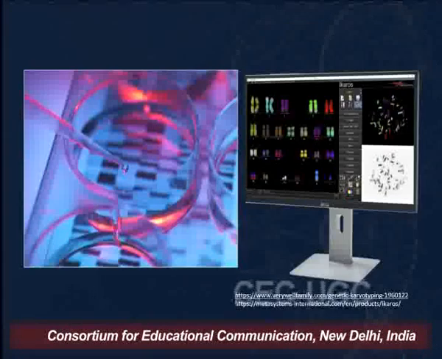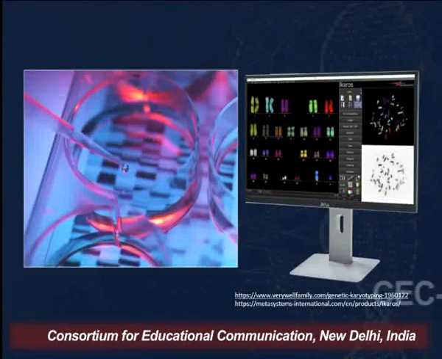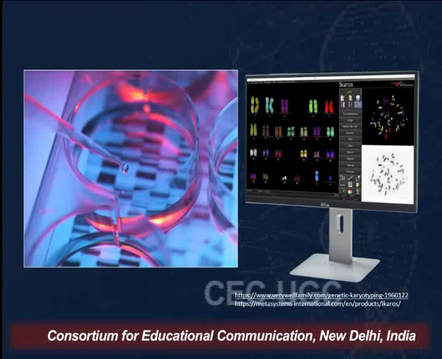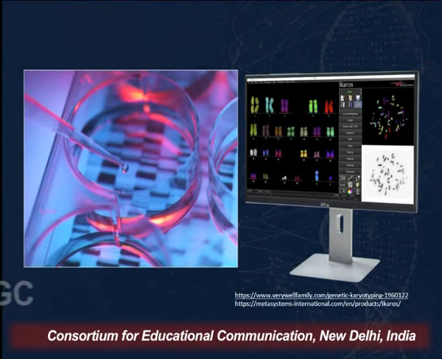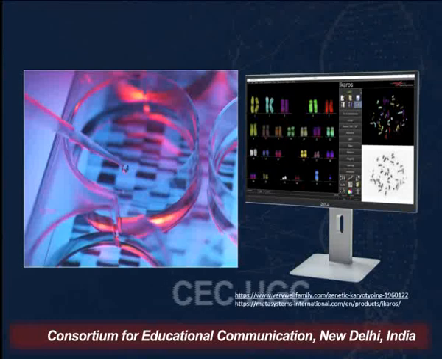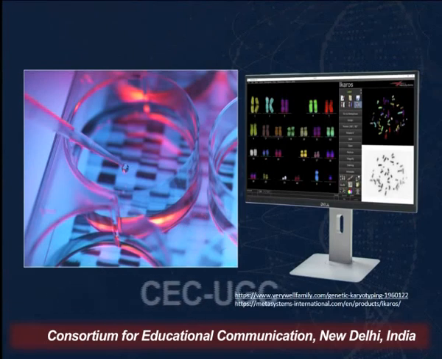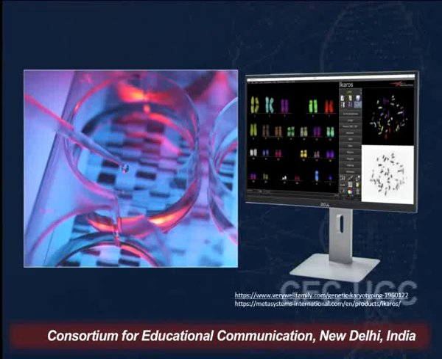Now karyotyping plays a very important role in understanding the syndrome or disease condition, because it helps scientists to discover various chromosomal abnormalities and chromosomal aberrations which are taking place. Over here in this slide, I have shown one of the latest techniques which have been developed, in which the chromosomes are mapped with the help of various fluorescent dyes.